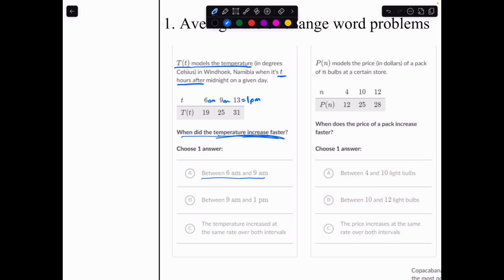And remember from last chapter, average rate of change stuff, we're going to find the slope of the line between these 2 points. Between these 2 points. So we can use our slope formula.